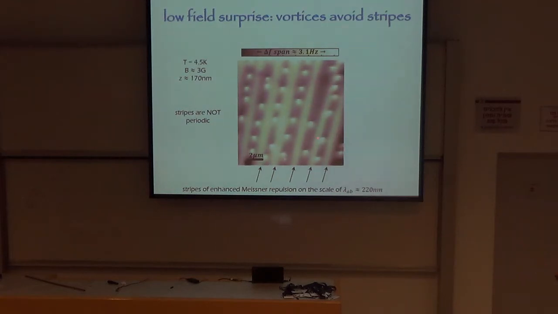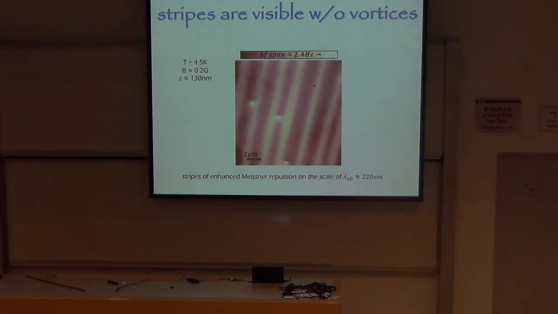But that's an interpretation. The Meissner repulsion of the tip is stronger on these lines that seem to repel vortices. If you go to even lower magnetic field, you see that they survive. They're still there. So the superconductivity is modulated by these lines that are parallel to twin boundaries.